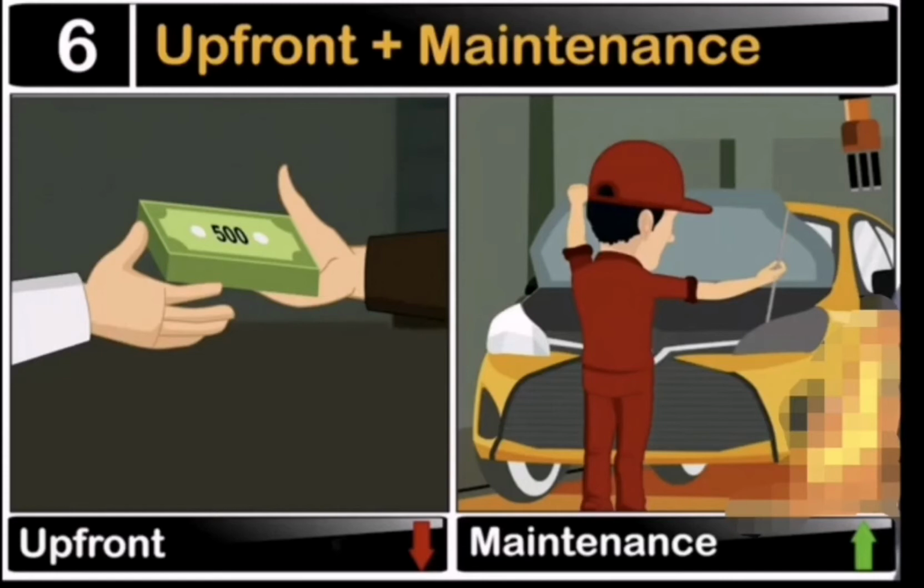Okay, so the upfront plus maintenance business model, how does this work? I would like to give you a little information about the upfront fee first. An upfront fee is basically an amount which you pay before a good is produced or any kind of service is performed. So the upfront fee is a portion of the total fee that you pay before buying any kind of product or before getting any kind of services.